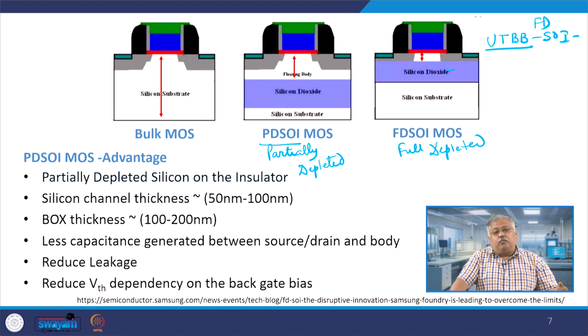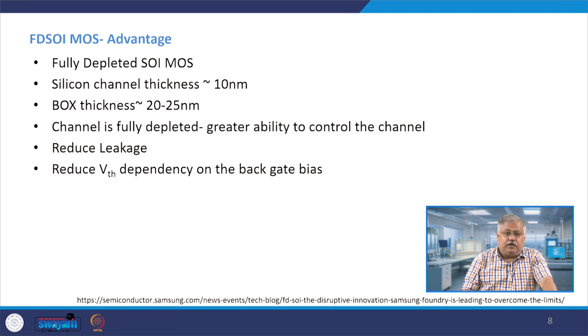And one important point is that this is much more stable, in the sense that if you vary the back gate bias, the threshold voltage will not change too much in a partially depleted SOI device. So it is much more stable to variations in the back gate threshold voltage. Generally they are used for ultra low power design because you want the leakage to be as small as possible.